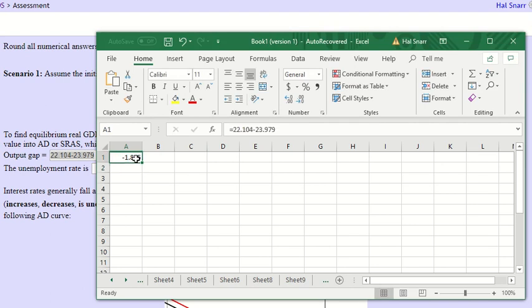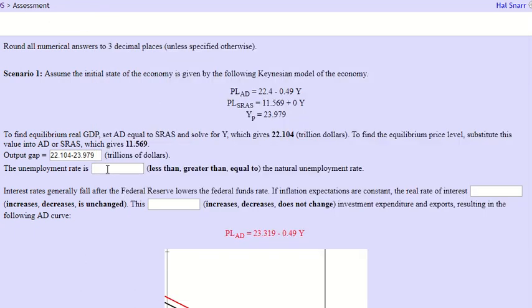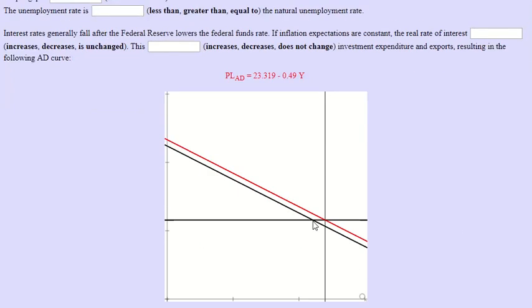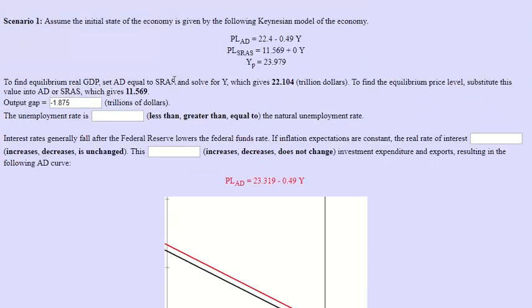And the output gap is negative $1.875 trillion dollars. Okay, and because we have a negative output gap, it's called a recessionary gap. GDP is less than potential, unemployment is high. And again, unemployment being high means unemployment is greater than the natural rate.